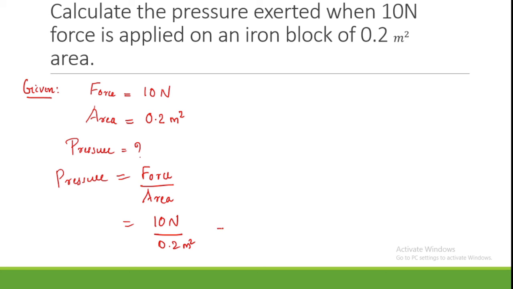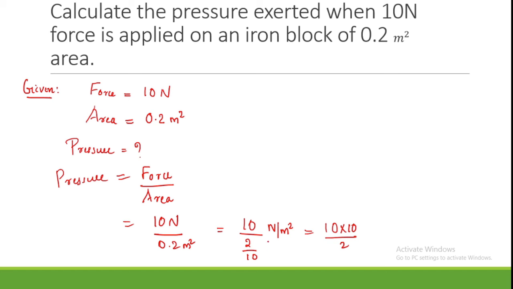So what will that be? 10 divided by 0.2. We can write 10 by 0.2 as 10 by 2 by 10, right? So, Newton per meter square. That is nothing but 10 into 10 by 2.